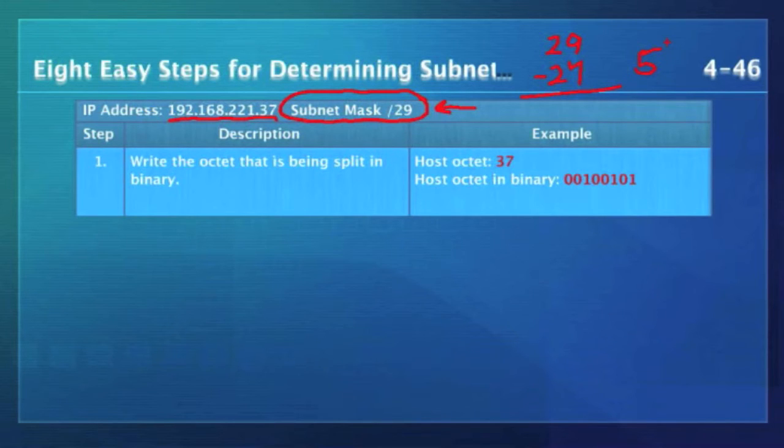By the way, if we borrowed 5 bits, how many networks can we create with this subnetting scheme? Well, 2 raised to the 5th is equal to, what is that, folks? 32 from your conversion chart.